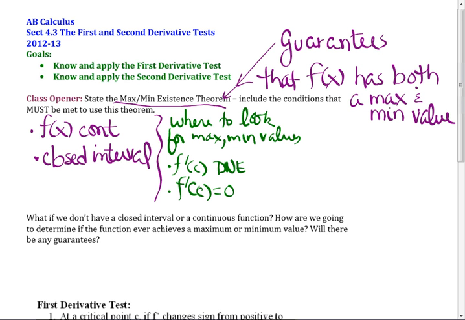Equals 0. Those are called critical points. Okay, James? There's 2 other places, endpoints. They are not called critical points. Okay? This is the extreme value thing. This is where you are going to look for max and mins. They will occur no other place except where the derivative is 0 or undefined, or at the endpoints. Critical points. Right?